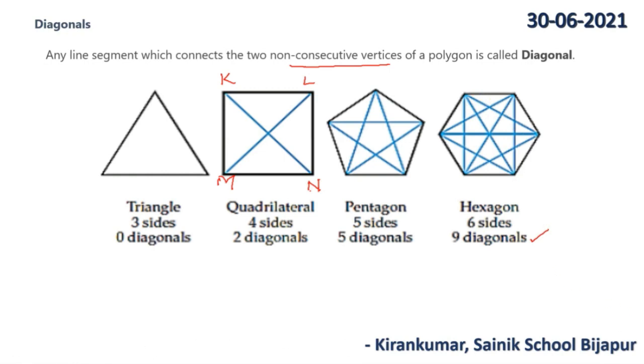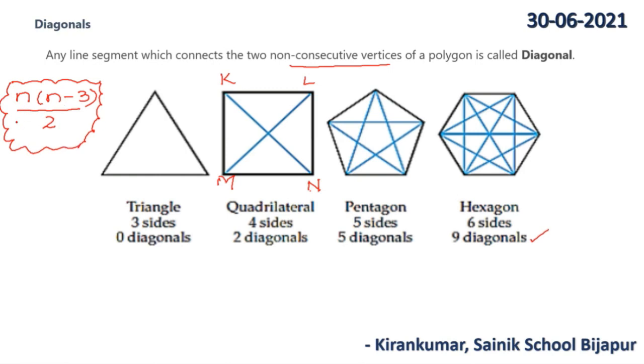Remember, there is a formula to find the number of diagonals. The formula is n into n minus 3, divided by 2. This formula, you are going to use in higher classes. However, it's easy to understand.